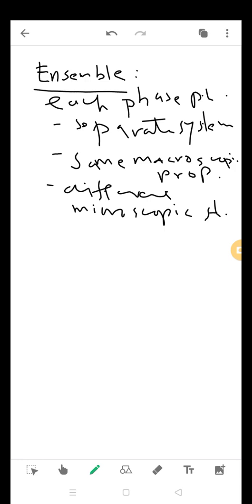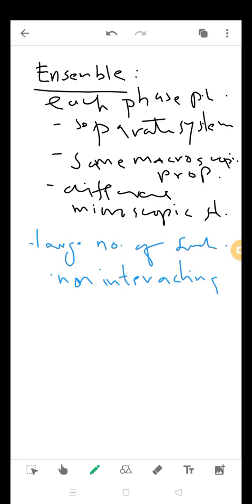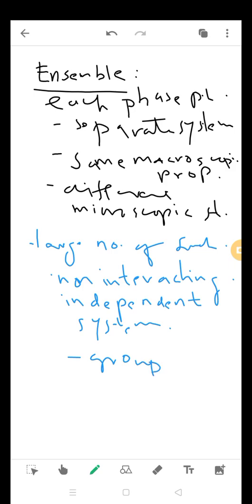Now a large number of such similar non-interacting independent systems form a group, and that group is basically called the ensemble.